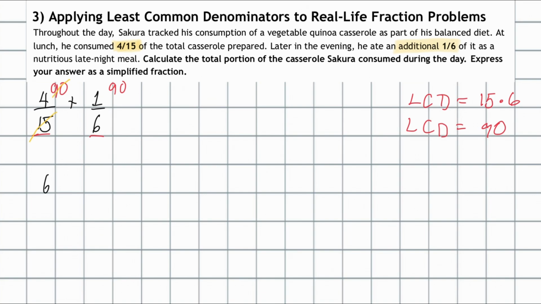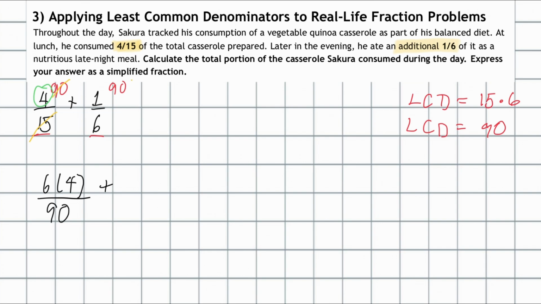So we're going to write it here, and we're going to multiply by the number we have left here, which is a 4. So we're going to open parentheses for multiplication, and we're going to keep the 90 because 90 is our common denominator at the bottom. We put plus, and then we do the same process.